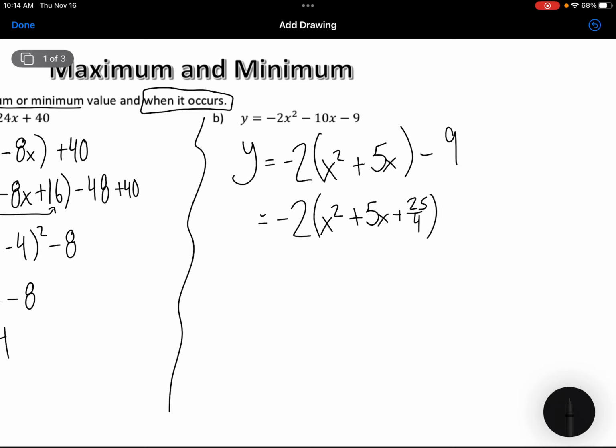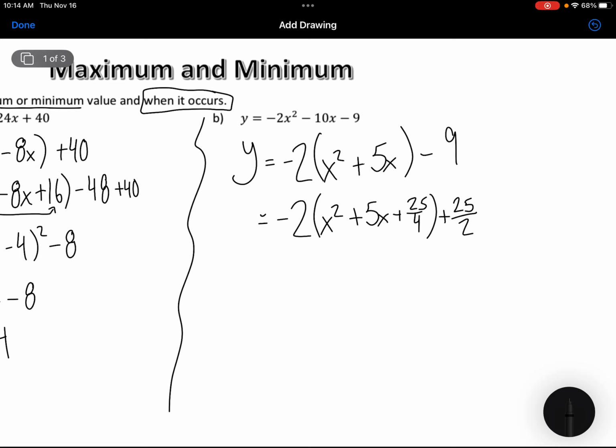Now when I take it out of the brackets, I'm multiplying by that negative 2, so that would be plus 50 over 4, that changes to 25 over 2. We can just half our bottom number because we're multiplying it by 2.